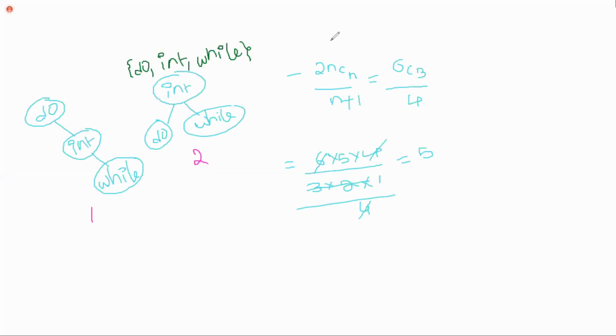Next, if I make while as the root node, where do will come on the left hand side.